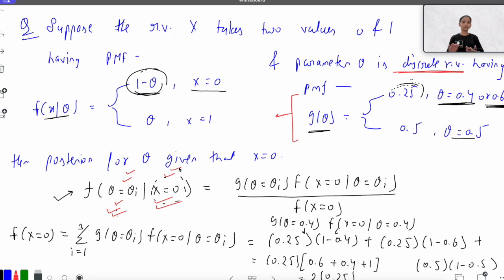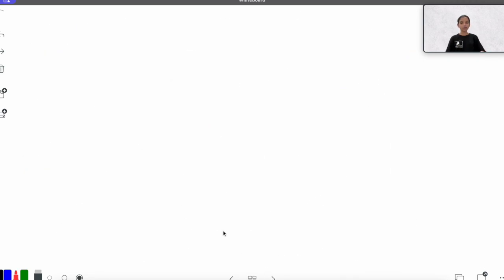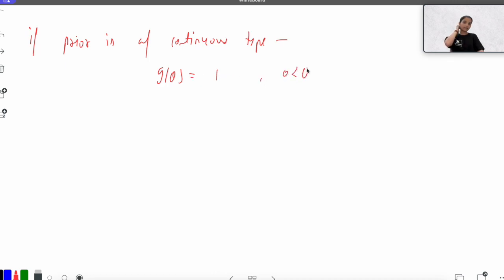If you are having a continuous random variable for the parameter, so basically if we are having a prior of continuous type for the same problem, let's say you are having a prior as g of theta equals 1 for theta lying between 0 to 1, then what will be the posterior?